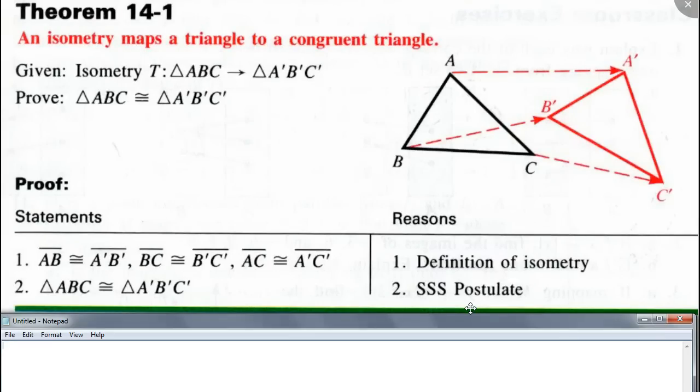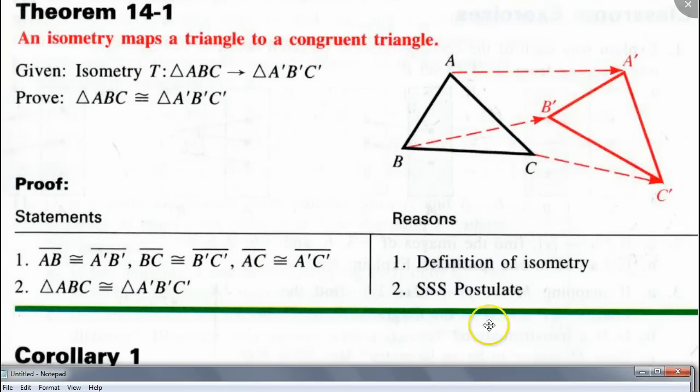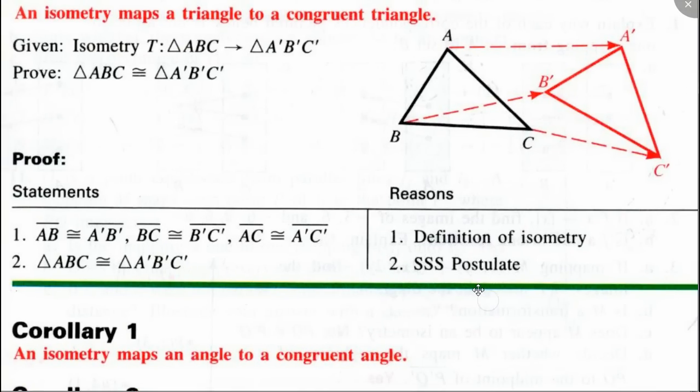And from this theorem, if you remember, we got two corollaries. One of the corollaries said, of course, if the two triangles are congruent, what do you know about the corresponding parts of it? They're congruent. So in terms of the angles, here's the corollary: an isometry maps an angle to a congruent angle. Right? That's obvious. Look at the triangles. What about polygons? What do you know about the area of the polygons then?